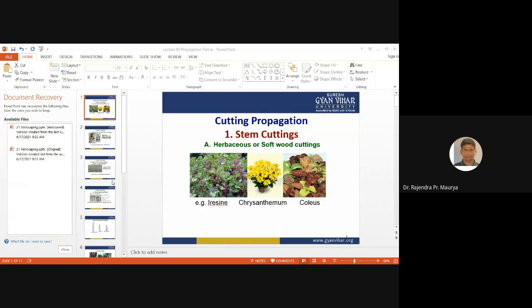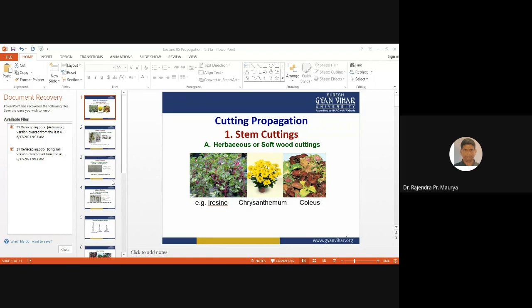Now, root cuttings. So this one is the underground part, and root cuttings is similar to stem cuttings.